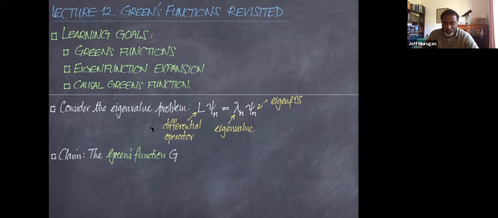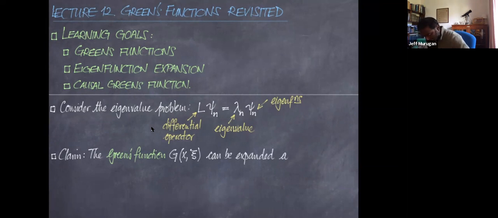So L is a function of x and the psi n's are a function of x, etc. So my Green's function is going to be a function of, let's say, x and xi. And I'm claiming that it can be expanded in terms of the eigenfunctions psi n and the eigenvalues lambda n as follows.